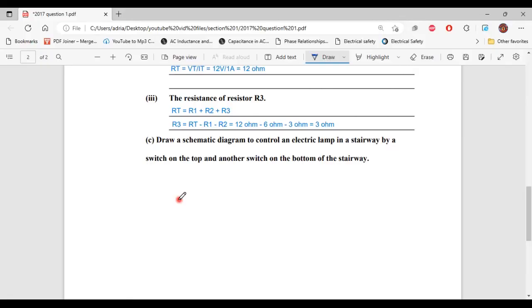The fact that we're going to control a lamp at the top of the stairway and also at the bottom of the stairway means that we're going to use 2 switches. And in order for us to control the lamp from 2 different positions, we will have to use a single pole double throw switch.